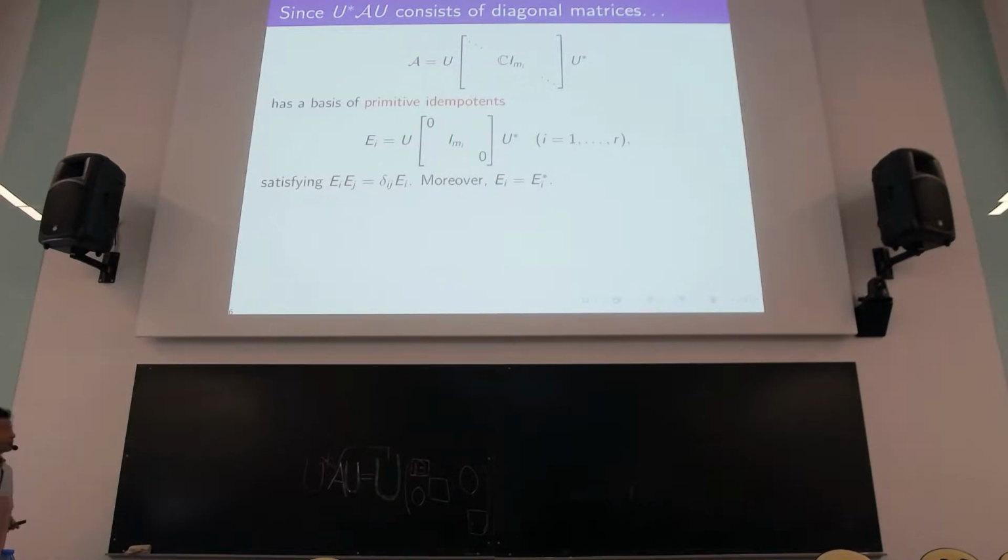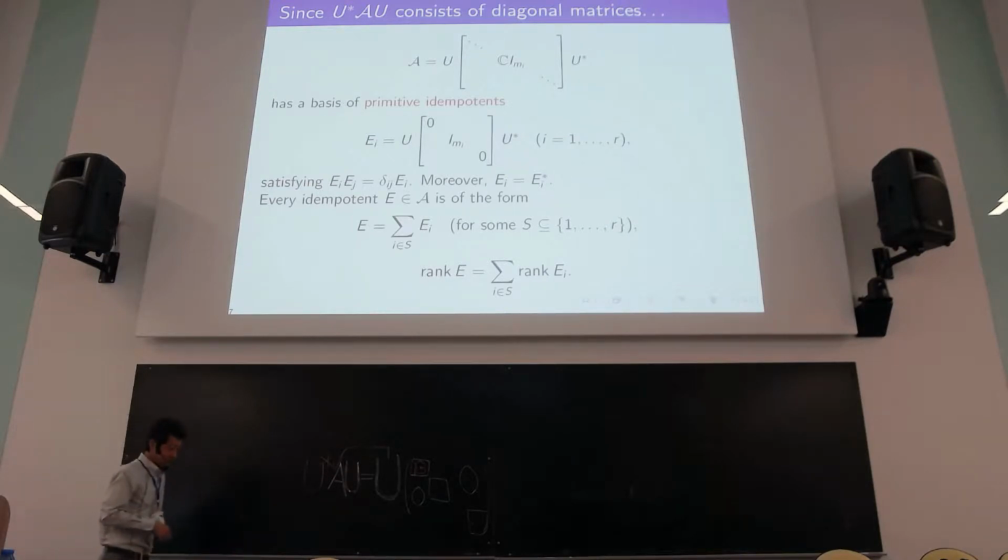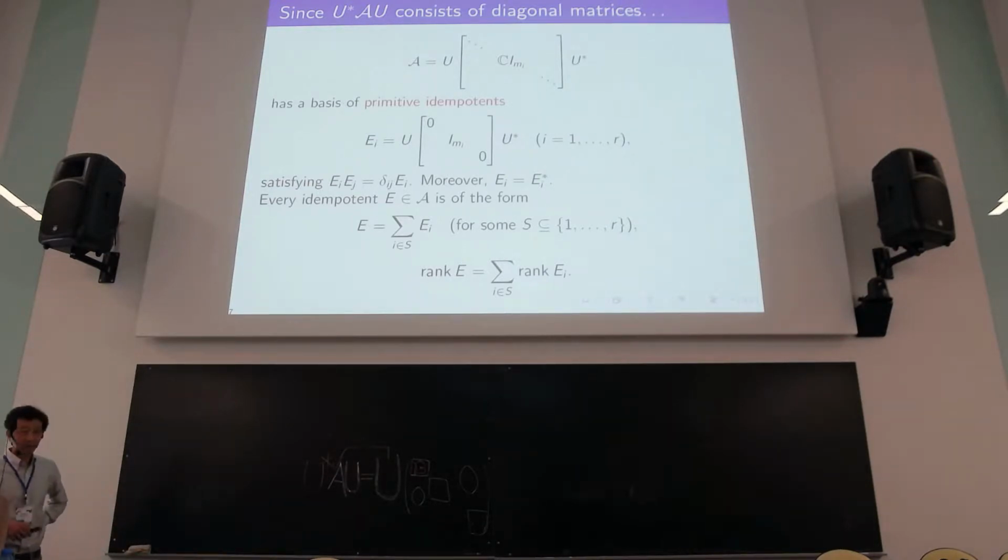There are only finitely many idempotents, and you can express all idempotents in this algebra. If you have an idempotent, then certainly you can express it as a linear combination of the basis, and we know exactly how the basis behaves with respect to multiplication. So every idempotent is a linear combination of the basis, which are themselves idempotents, but the scalars must be 0 and 1 in order for E to become an idempotent.